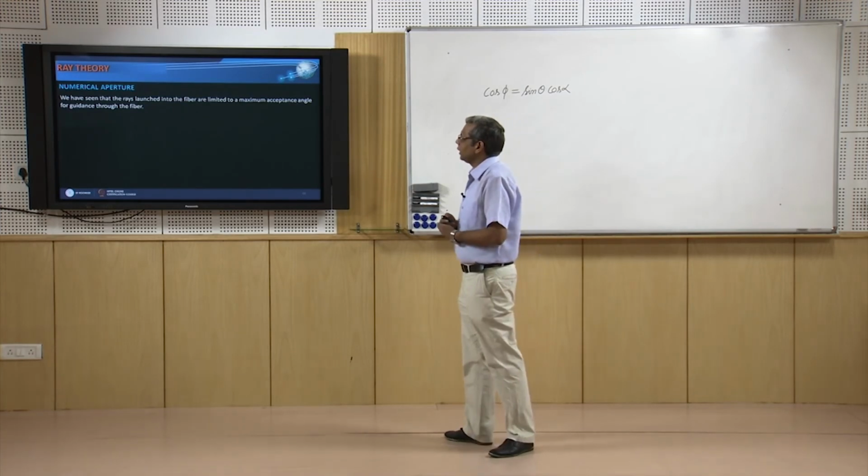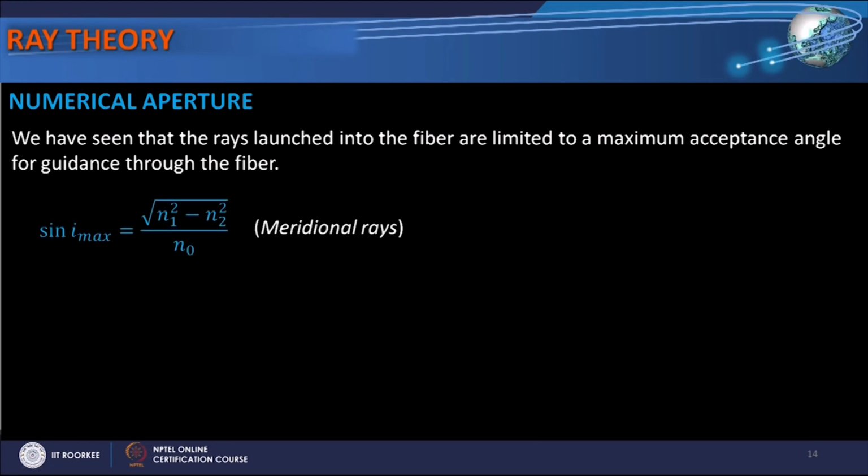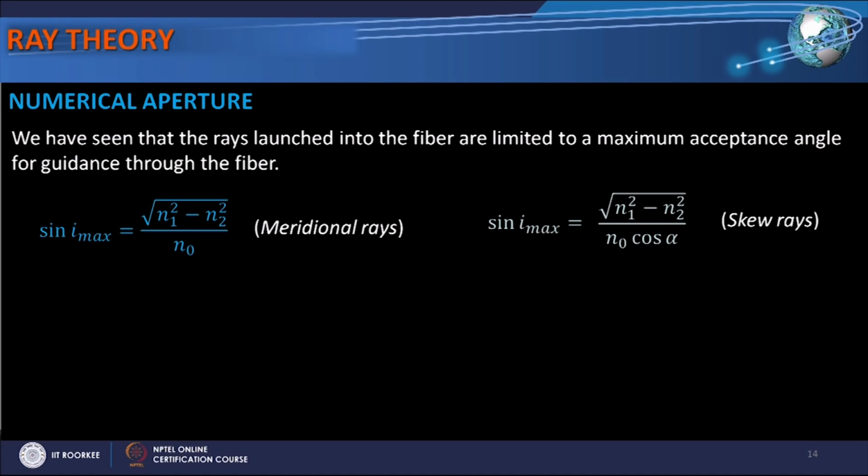Now, let us look at numerical aperture of the fiber. We have seen that the rays launched into the fiber are limited to a maximum acceptance angle for guidance through optical fiber. For meridional rays, this acceptance angle is given by sin I max is square root of n1 square minus n2 square over n0, and for skew rays it is square root of n1 square minus n2 square over n0 cos alpha.